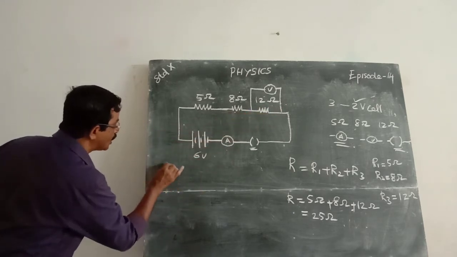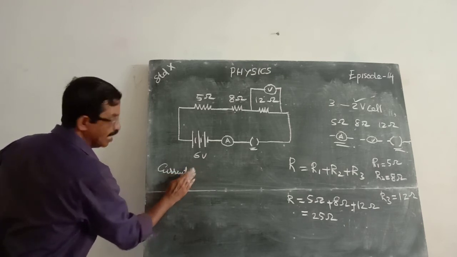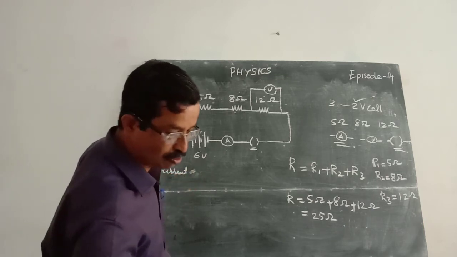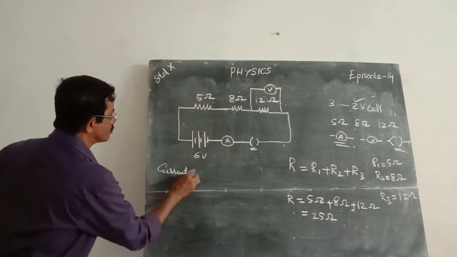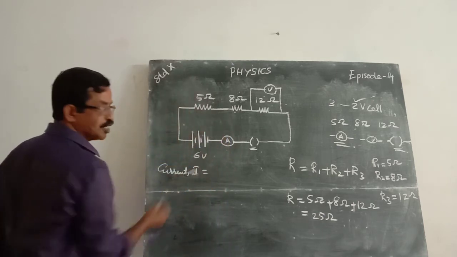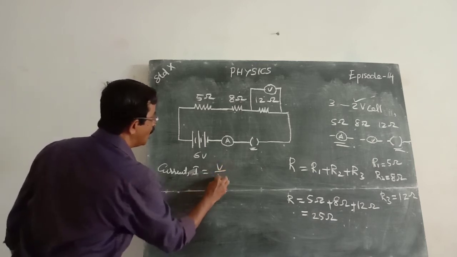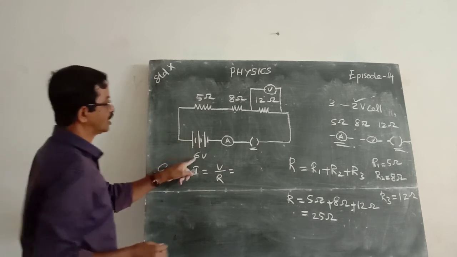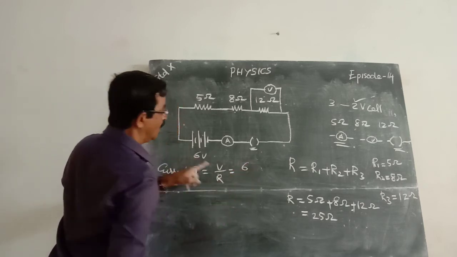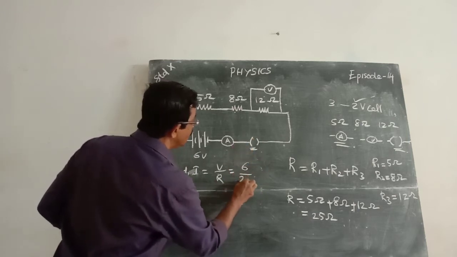We know current I is equal to potential difference by resistance, that is V by R. Here V is 6 and R is 25.